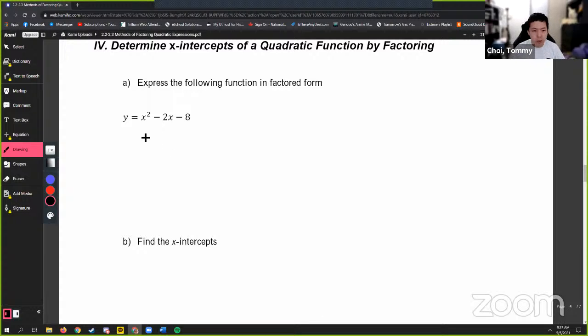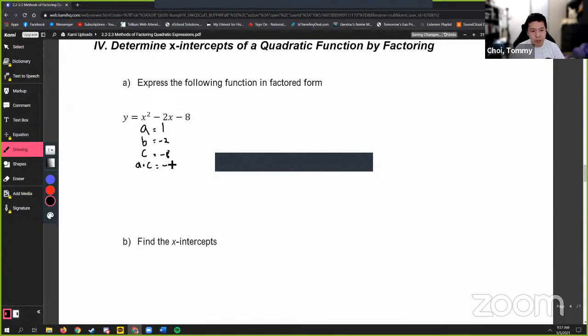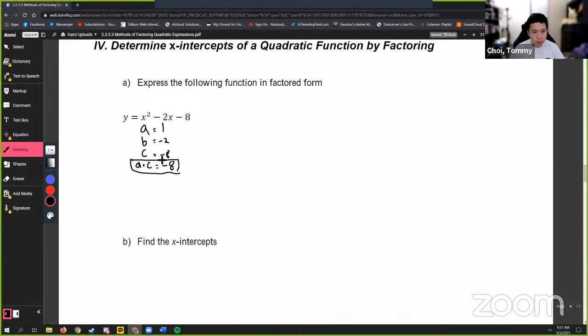So the first method, the product and sum method, this was writing down A, B, C, and A times C. So A is 1, B is -2, C is -8, and A times C is -8. We write the two numbers that multiply to A times C, but add to B. So what multiplies to -8 but adds to -2?